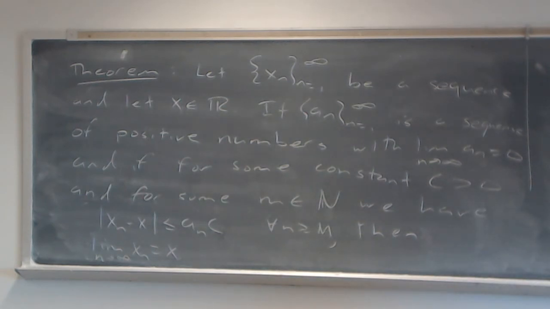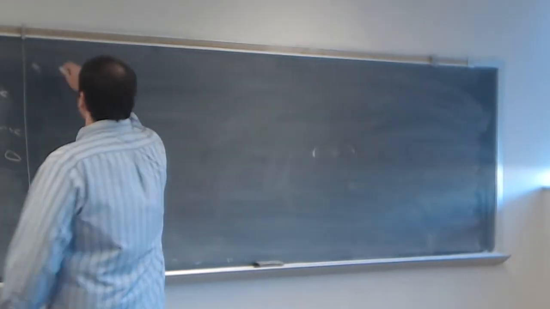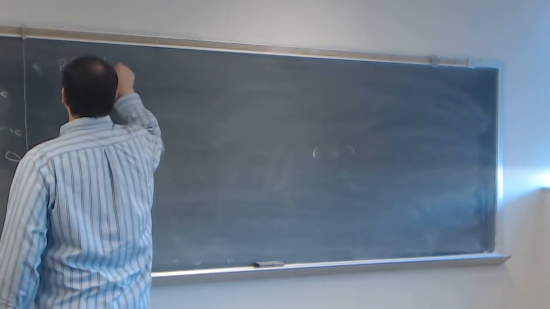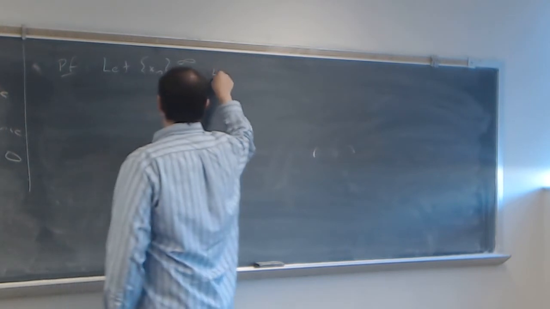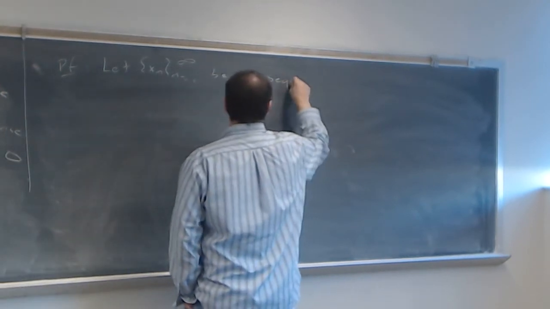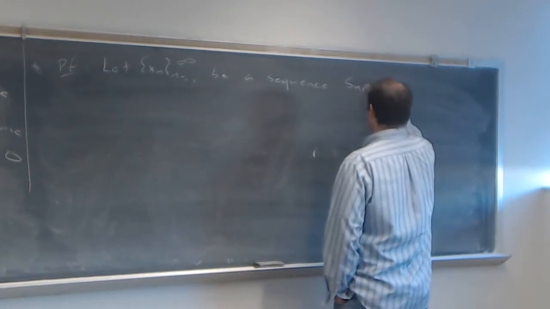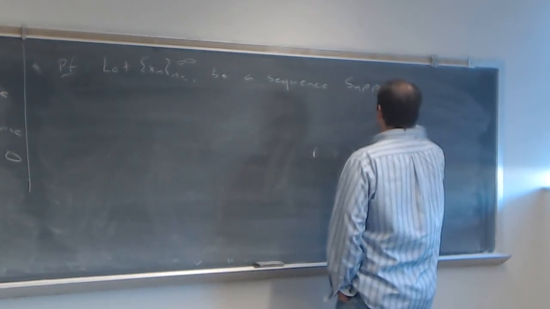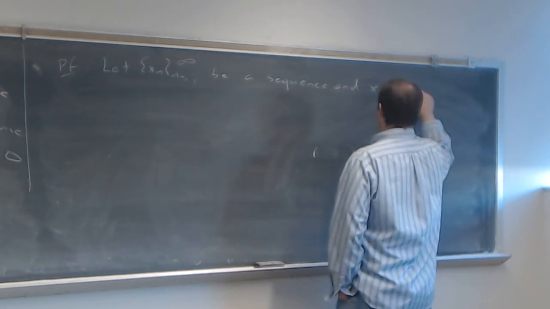I'm going to move the camera and start the proof, and the start of the proof is going to be assuming the if part of these things. So a lot of the proof, at least the beginning, is restating what we have. I'm going to let x sub n be a sequence, and I'm going to let x be a real number.